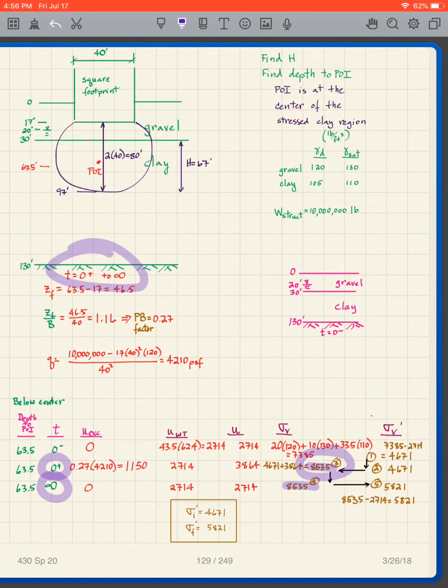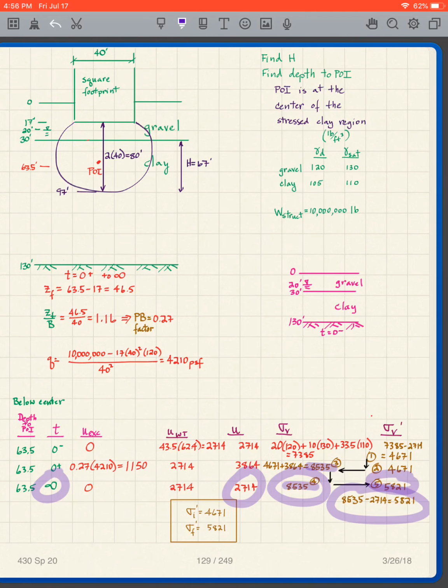So that means the sigma V at t equals 0 plus and the sigma V at t equals infinity are the same. So I write those down. And now I can get my sigma V prime at t equals infinity as simply sigma V minus U, which is 85/35 minus 27/14, 58/21.